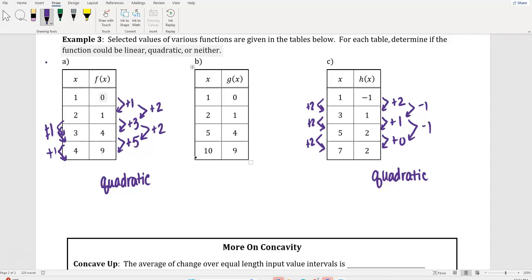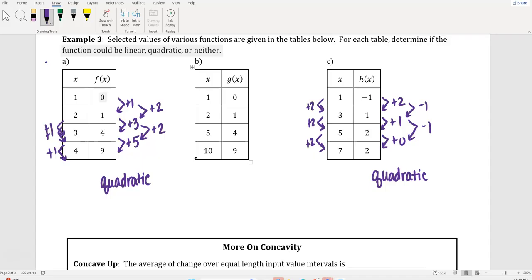Okay. These tricks do not work on B. Other than graphing and looking at it, using a different method, you're not going to be able to tell a function is quadratic from a table only like B, right? So this is probably either linear or neither here.